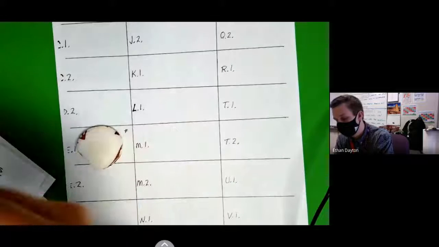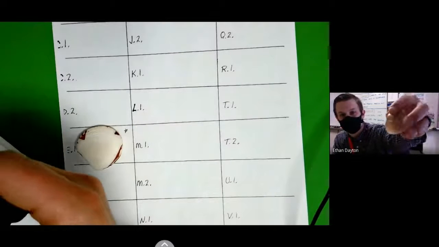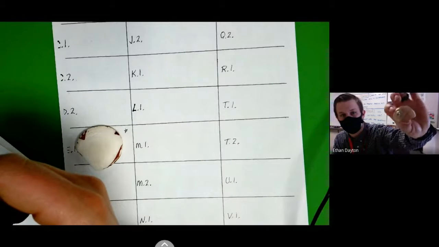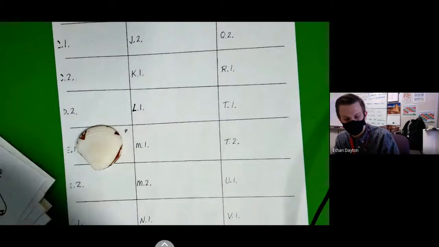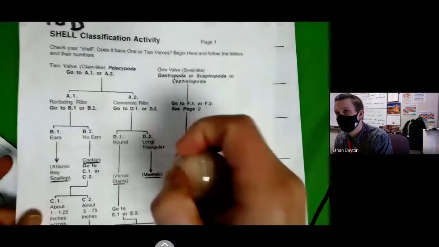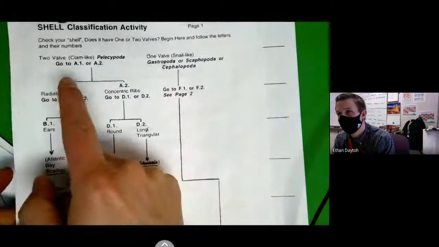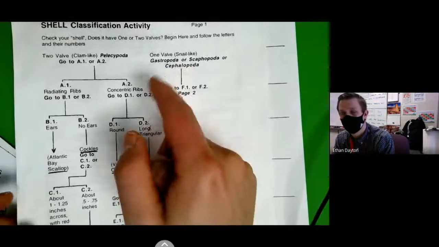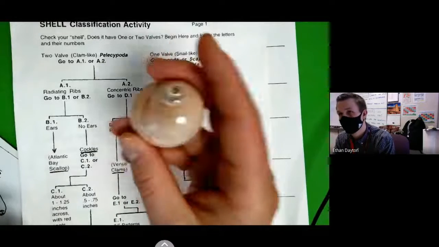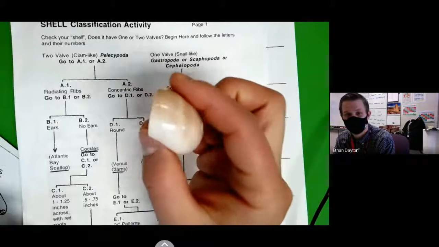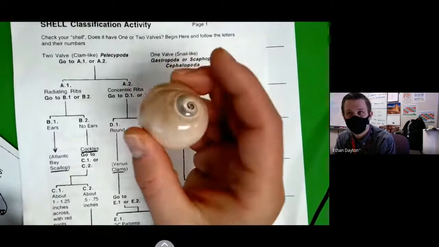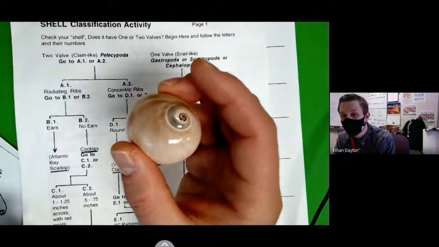Okay. Now, let's start at the beginning. Is it two valve like a clam or one valve like a snail, Riley? This shell. Like a snail.